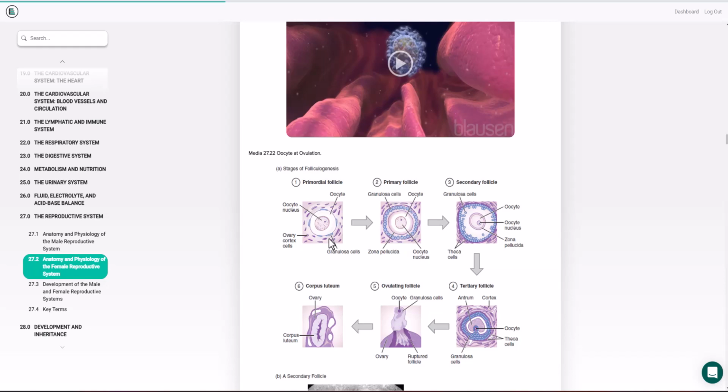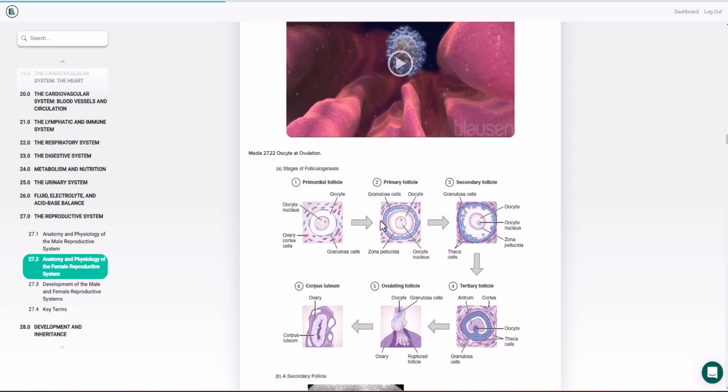Along comes puberty, and with hormonal signals of puberty, 20 or so of these primordial follicles are randomly chosen. These 20 that are chosen could be in the left ovary or the right ovary. They could be anywhere in either one of the two ovaries. And those 20 or so will start to get a little bit larger.